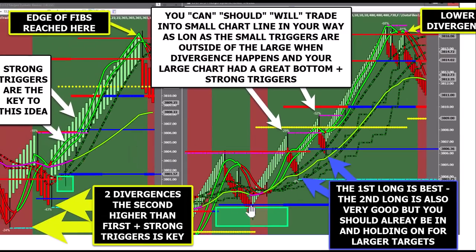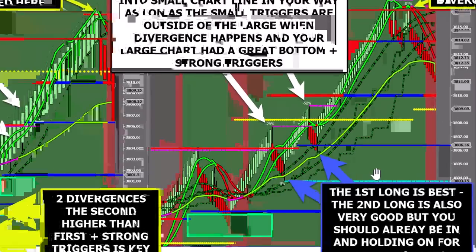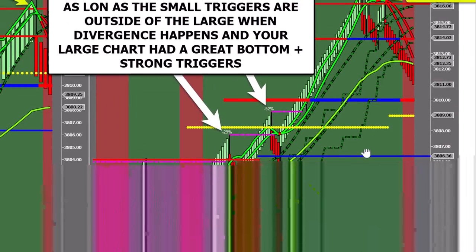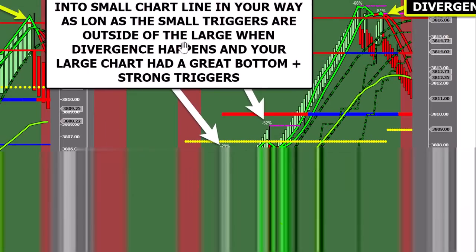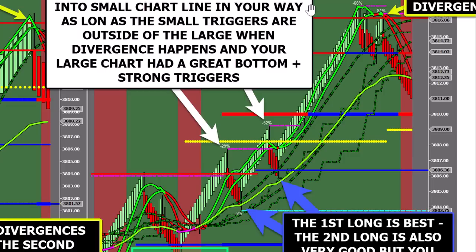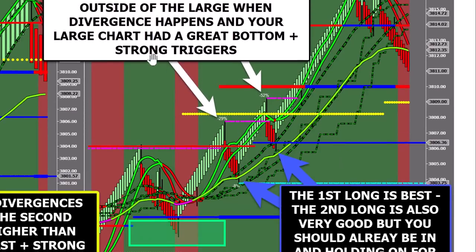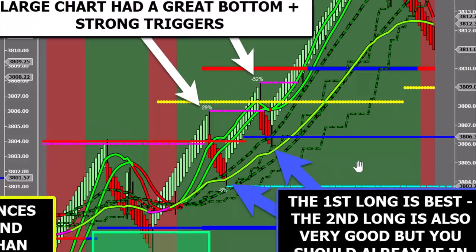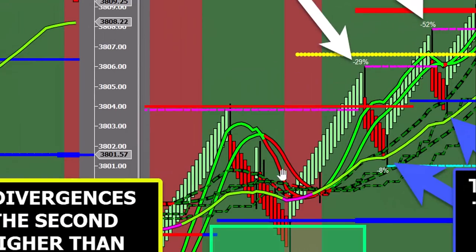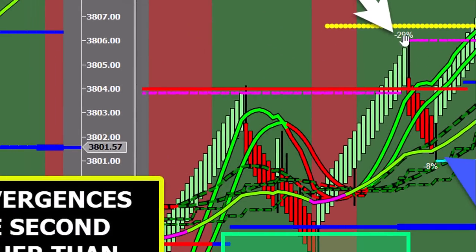So as you start taking long trades, or if you took the first one, great. If you were waiting to take the next one, you're asking yourself this question. Into a chart line that's in your way on the 5-1 chart, as long as the small triggers are outside of the large, when you have divergence, again, this is painfully difficult for new people to take.